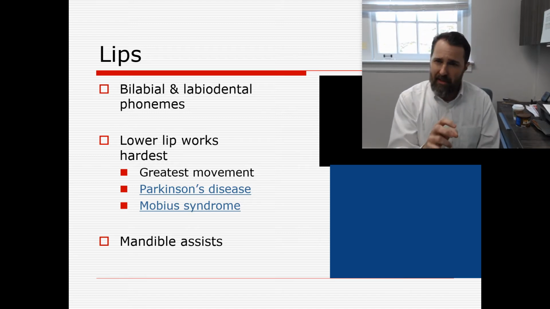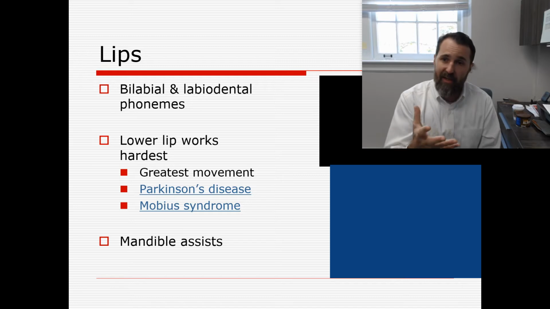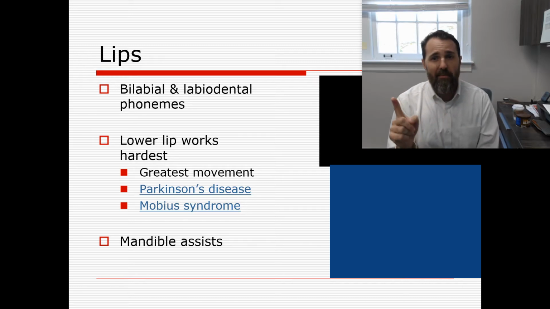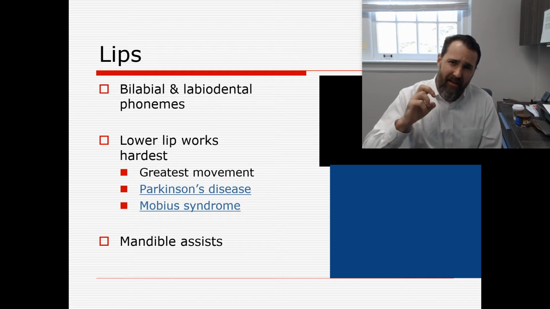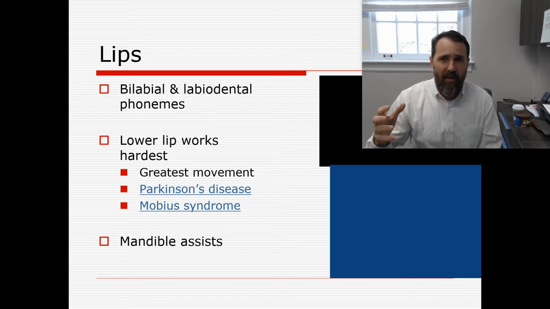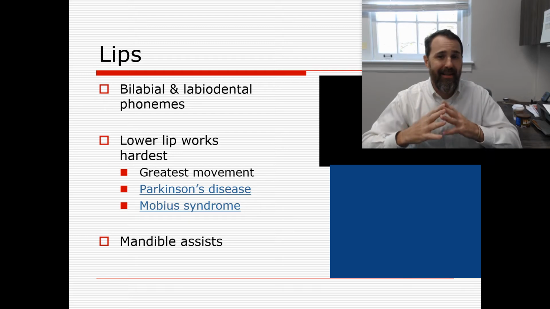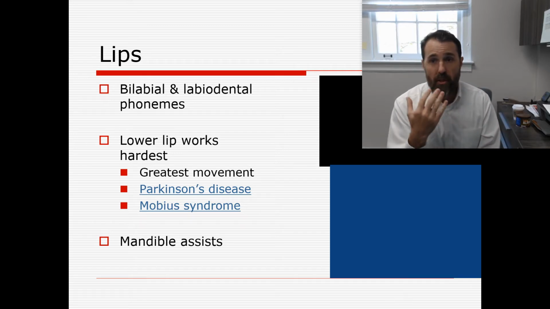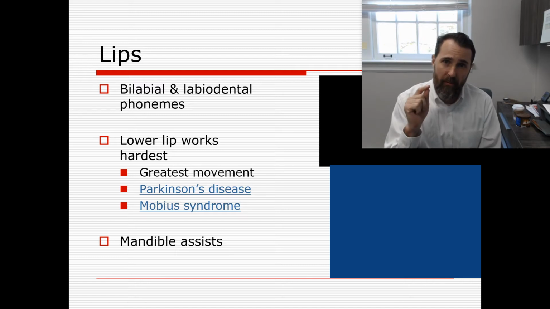And there are some diseases that begin with a loss of motor function, one of those being Parkinson's. And Parkinson's starts with small movements being taken out. And one of the structures of your body that has small movements is the upper lip.